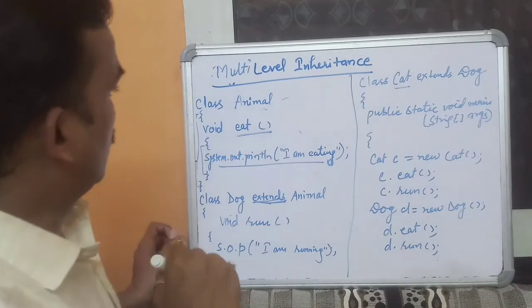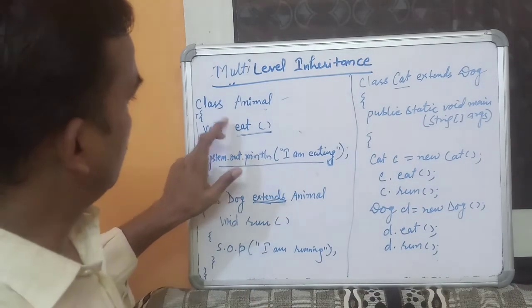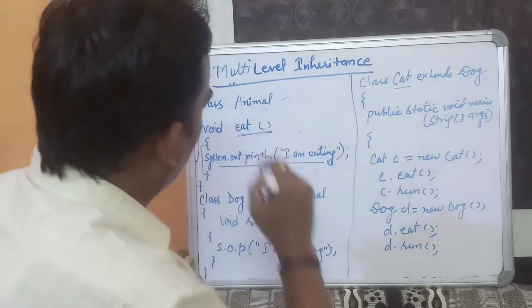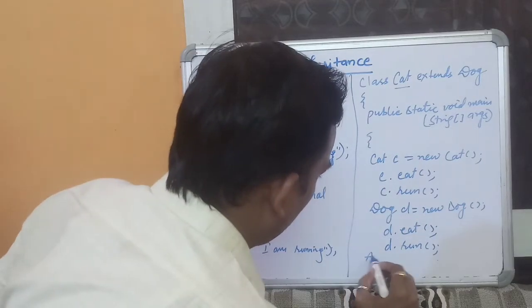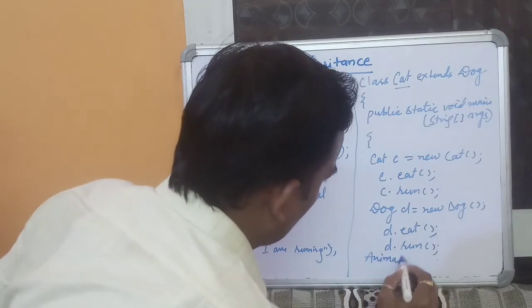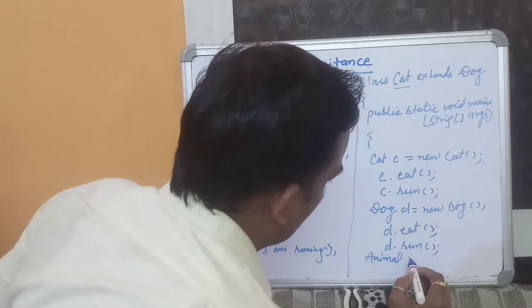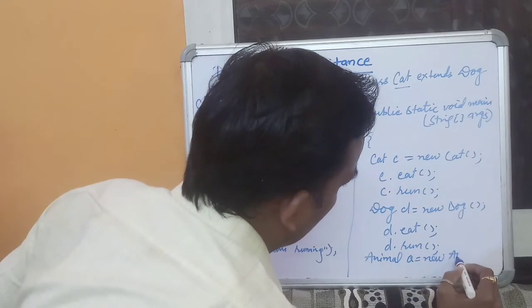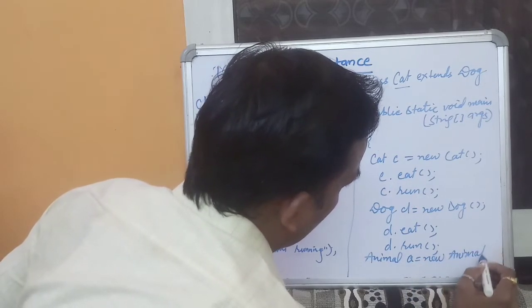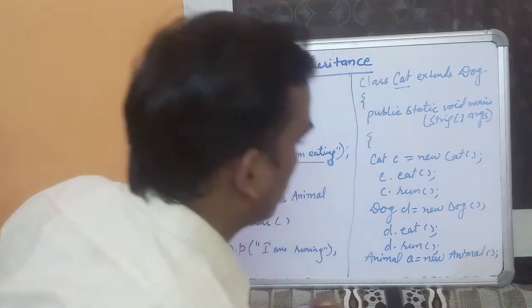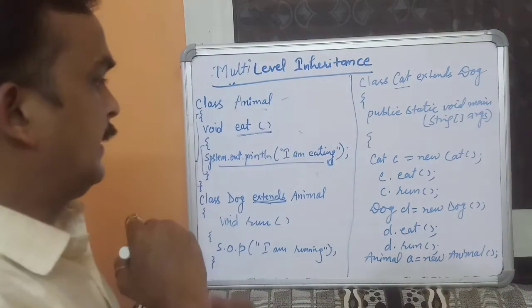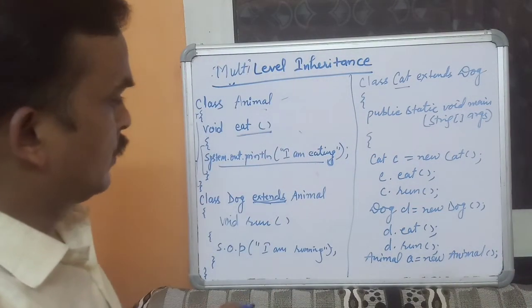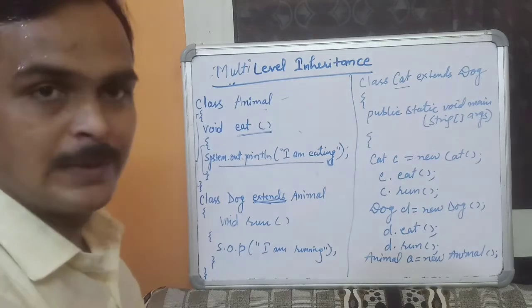Okay, now if we make an object of the parent class, animal, suppose animal a equals new animal, which class method will be accessed?